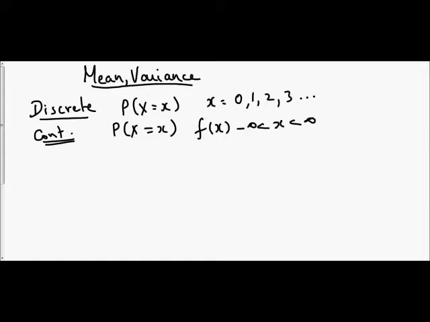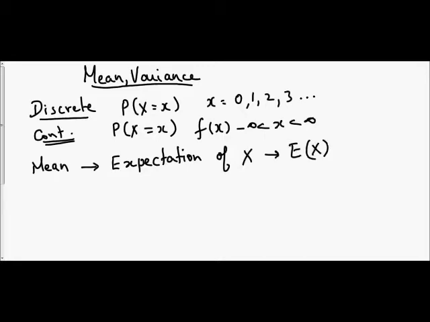Now, how do we find mean, variance, and other central tendencies for these two? Now let's take the discrete examples. The mean, for both continuous and discrete random variables, is called the expectation of X. It is written as a capital E of capital X, E(X), otherwise mu.